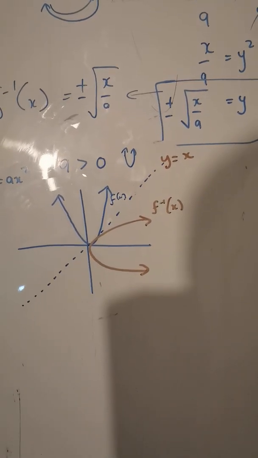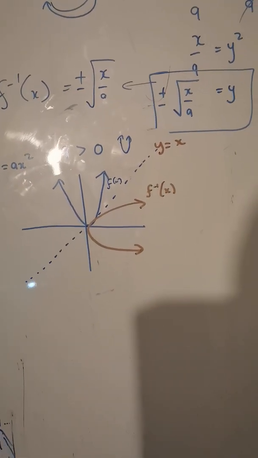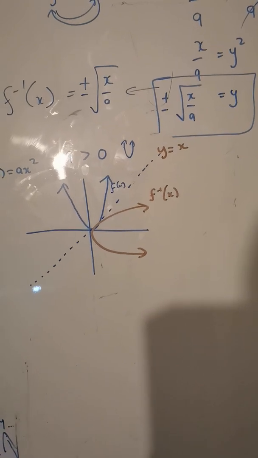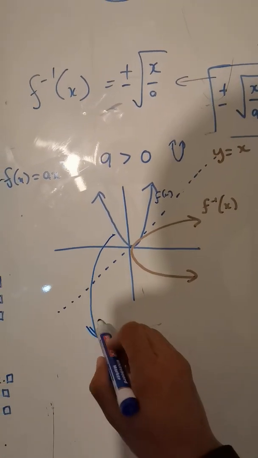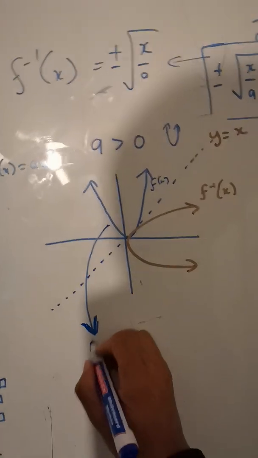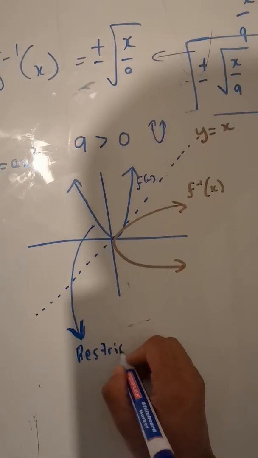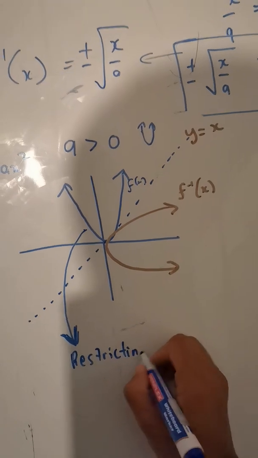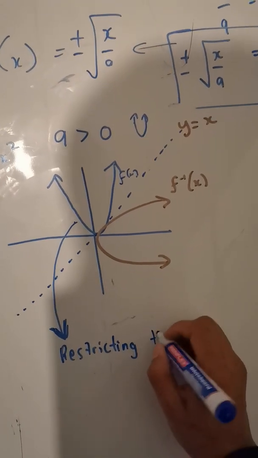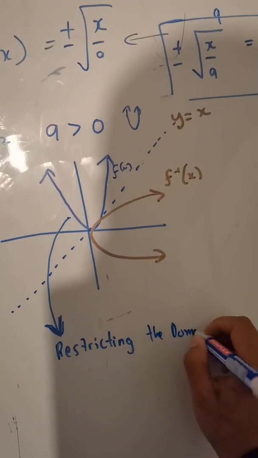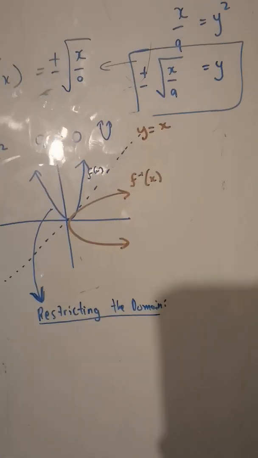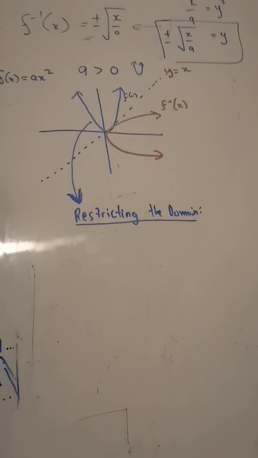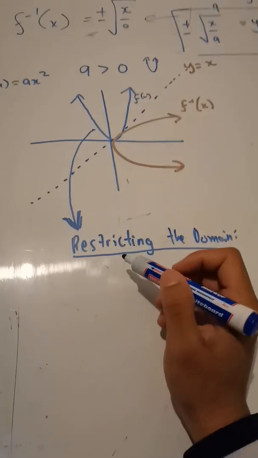Now in the exams, what they can do is that they can restrict the domain of f of x. Be careful, guys, be careful. We have to understand the phenomenon of restricting the domain. There's two ways in which we can restrict the domain.